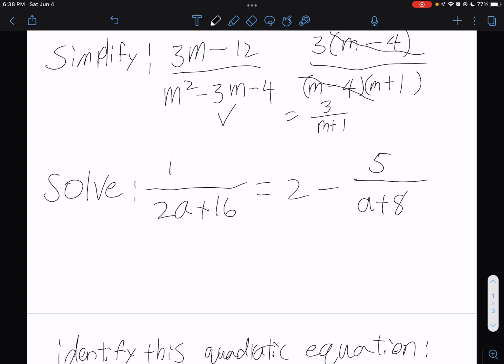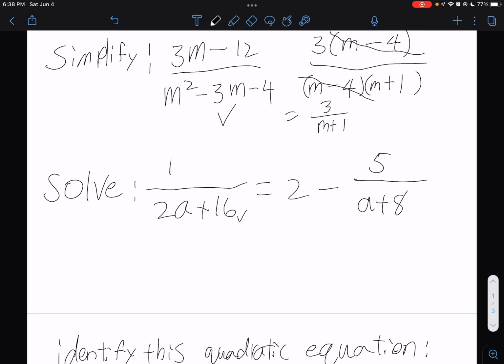And the next question, solving these rational expressions. First we need to have the same denominators. So this seems to be the greatest common factor. Well, let's try to make the denominators the same.